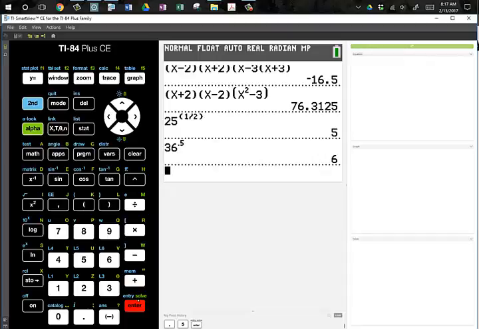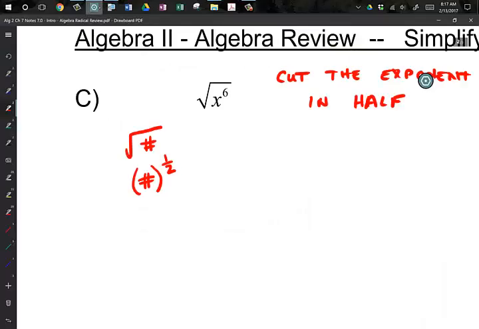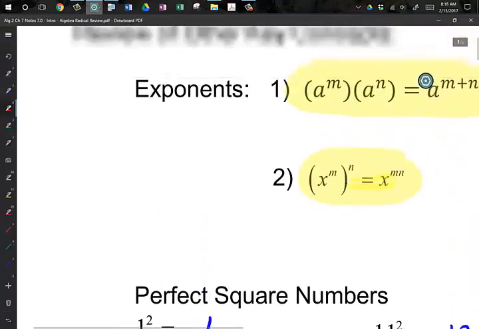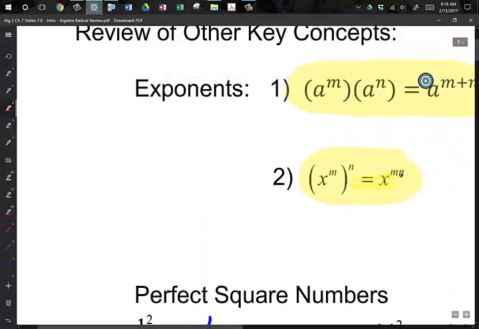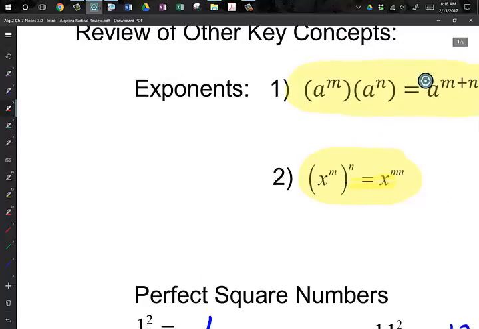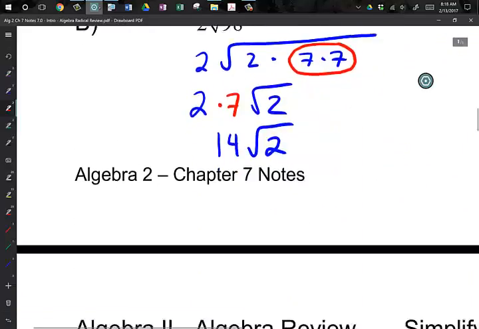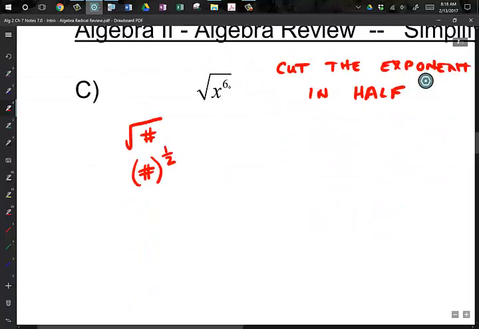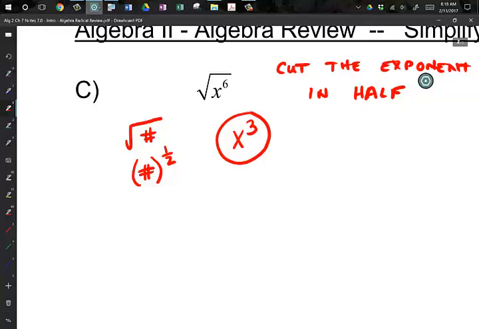But here's the thing. Remember, when we're talking about square roots, the rule up at the top that says a power to a power. And that's why you're multiplying effectively by 1/2. And so let's come back down here and look at this example. The square root of x to the 6th, well, you cut the 6 in 1/2, so that is just merely x cubed. Because x cubed times x cubed equals x to the 6th.